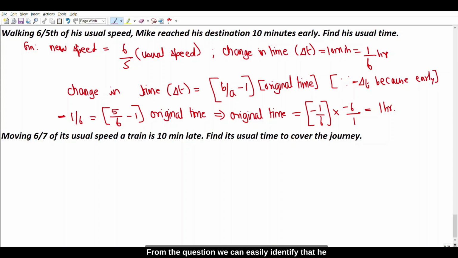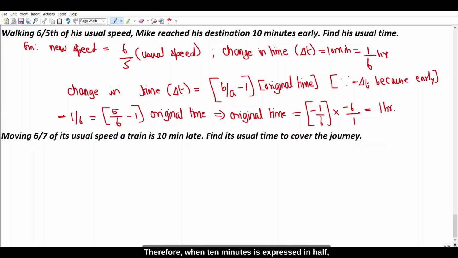From the question, we can easily identify that he has changed his speed with 6 by 5 times of the original speed or the usual speed in order to reach 10 minutes early. Therefore, new speed is equal to 6 by 5 times of usual speed, that is A by B is equal to 6 by 5. We know that change in time is equal to 10 minutes. As he reached 10 minutes early, the change in time would become negative.